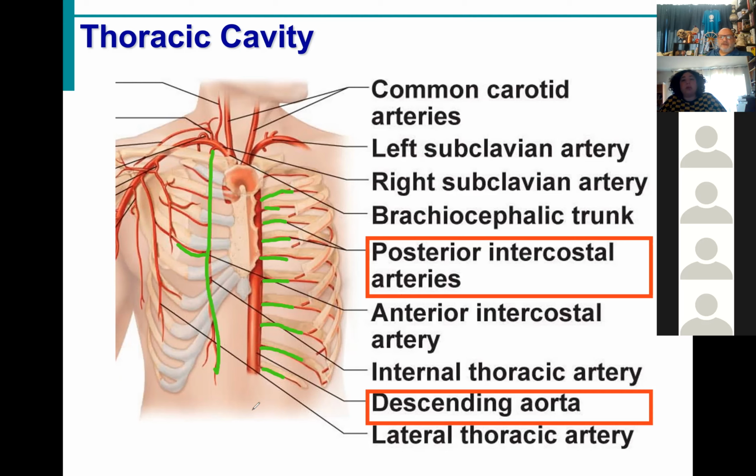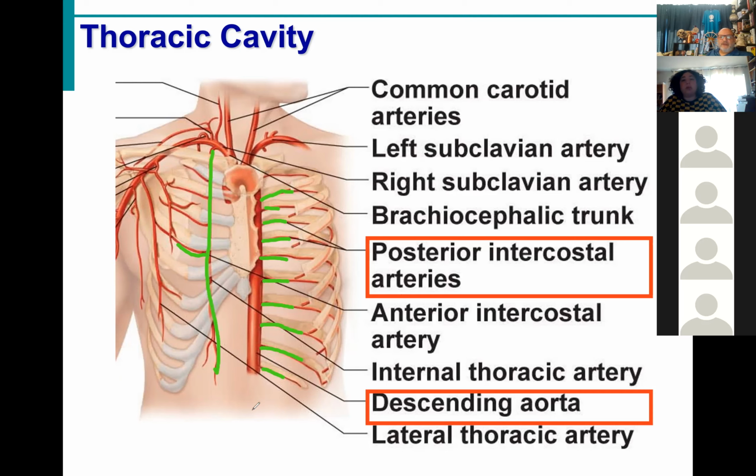The termination, as I hinted at just before, is not one, not two, but three major blood vessels that come off of the distal or inferior part of the abdominal aorta. Any idea what those three blood vessels may be? The left and right common iliac, and then the medial sacral.